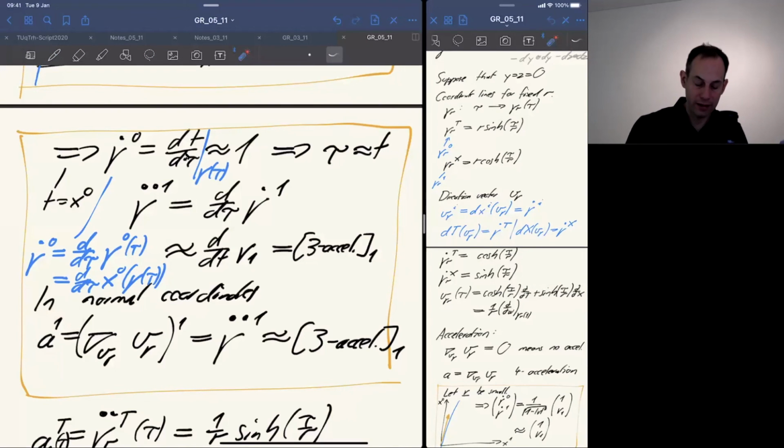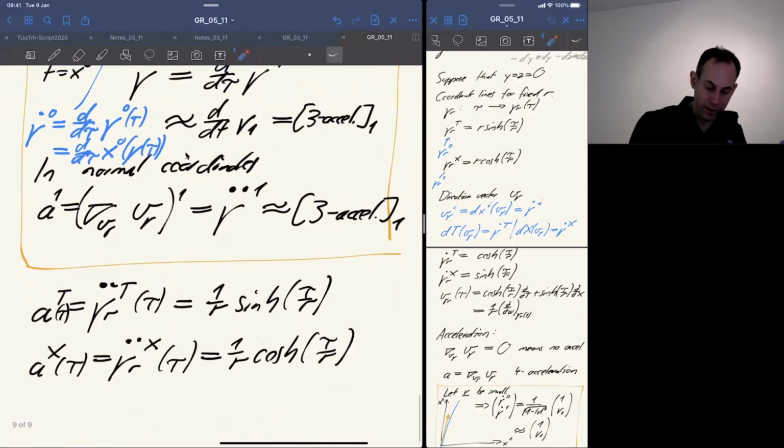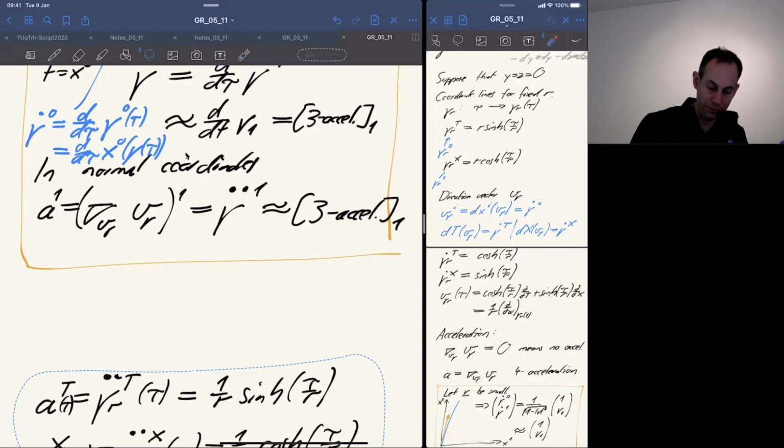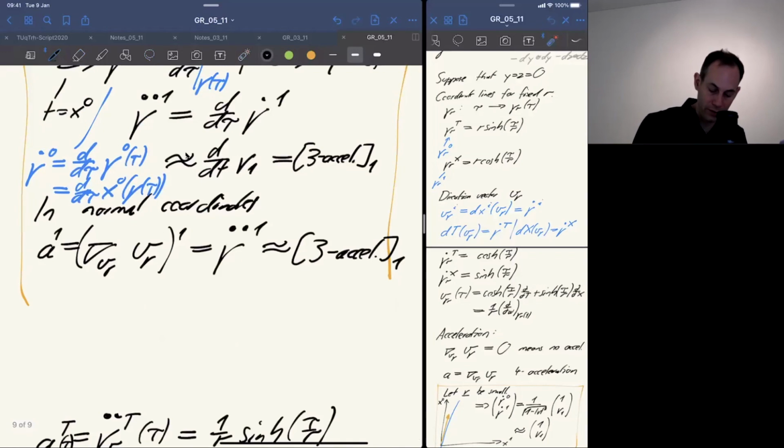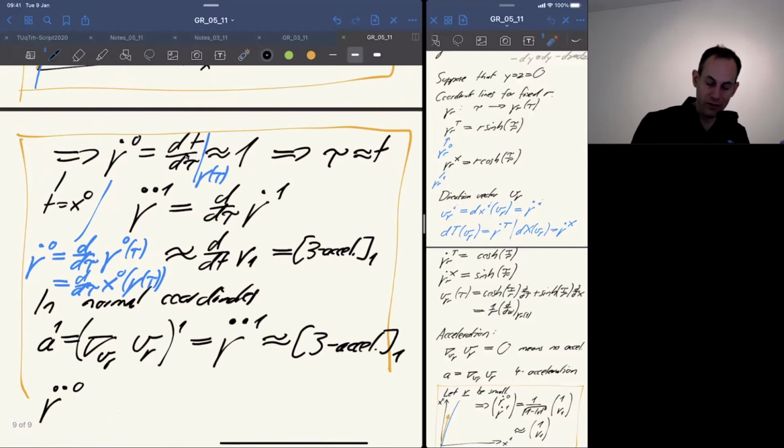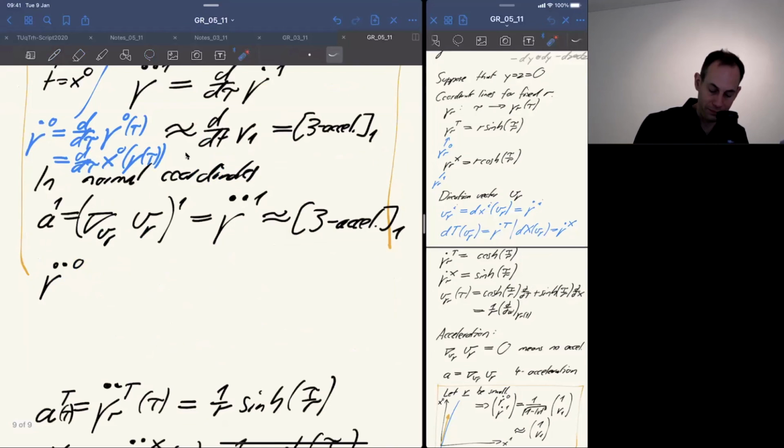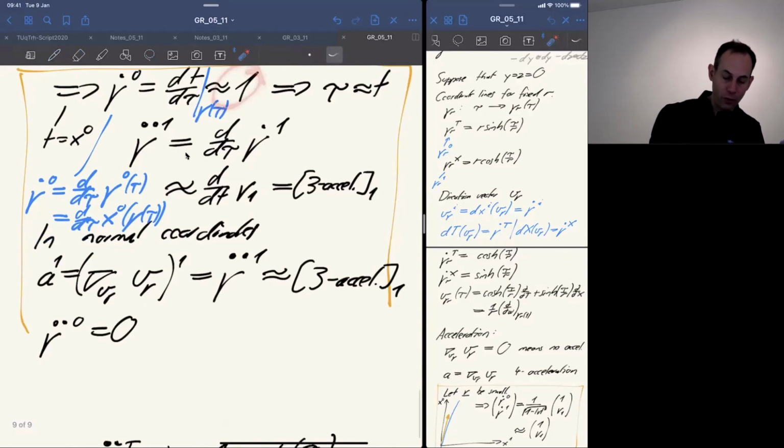The reason is that gamma dot 0, to first order in this approximation, is just 0, and if I take the derivative of it, this is just 0. Maybe that was not a very good explanation. Let me briefly add that to our box, because it may be useful for later. Gamma dot 0 in this approximation we are doing is of course just 0, and that's what I get from here.